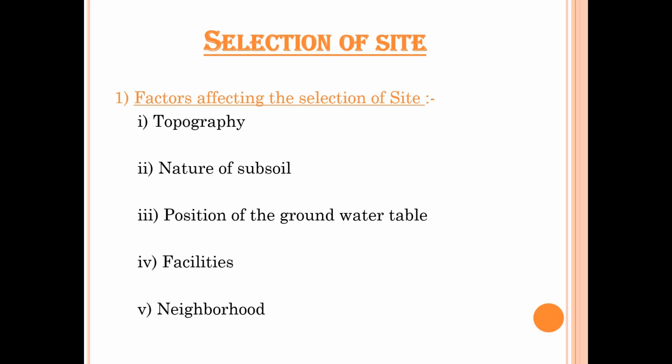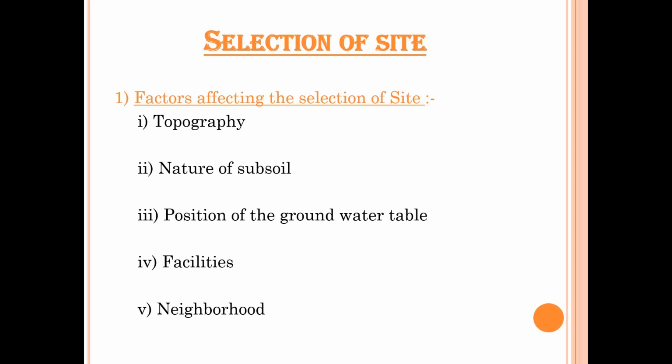The soil has been divided into many categories, whether hard rock, murum or black cotton soil. If we have black cotton soil, we don't have the bearing capacity to hold the building. So we have to go for raft or pile foundation, that is deep foundation, as we have seen in the last lecture. Obviously it costs more to construct these kinds of foundations.